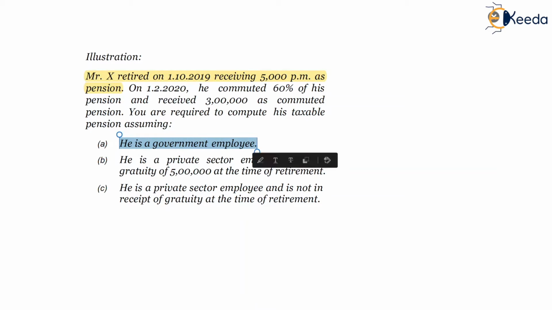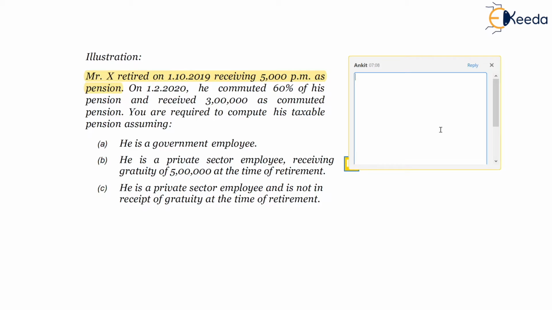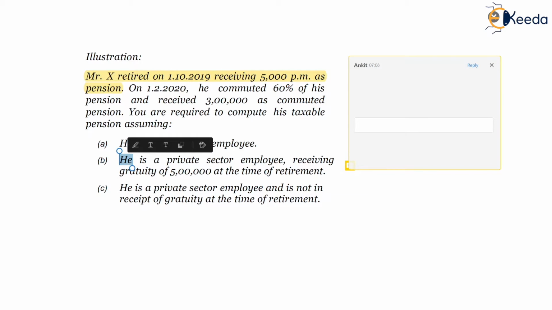Friends, if he is a government employee, then there are two parts to it. Uncommuted pension. Uncommuted pension will always be taxable whether it's a government employee or a non-government employee, right? So in such a case, if Mr. X is a government employee, then only uncommuted pension will be taxable in the hands of Mr. X, right? So friends, if he's a private sector employee, let's read out the entire illustration first, right?